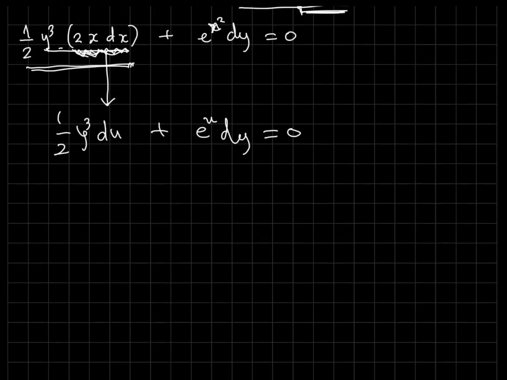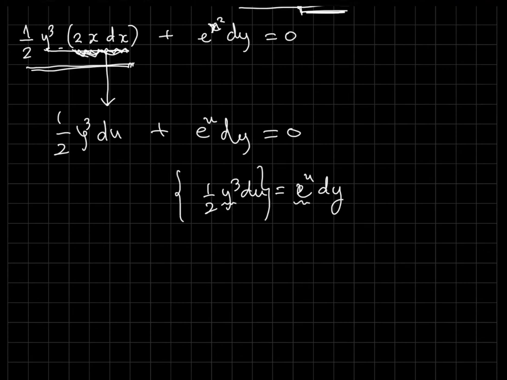And so this looks much easier than the previous equation. We also notice that this is a rather nice form, because what I can do next is to just move one of them to the other side. So I'll just move the e to the u to the other side. And now we can see that we can actually divide the whole equation by y cubed e to the u.